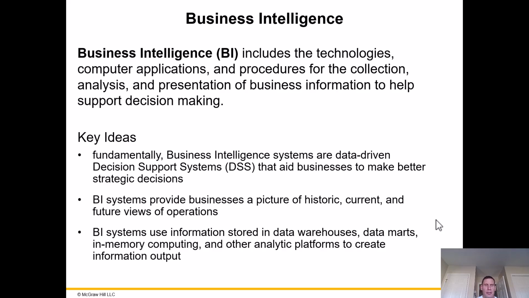BI systems provide businesses a picture of historic, current, and future views of operations. And BI systems use information stored in data warehouses, data marts, in-memory computing, and other analytic platforms to create information outputs.